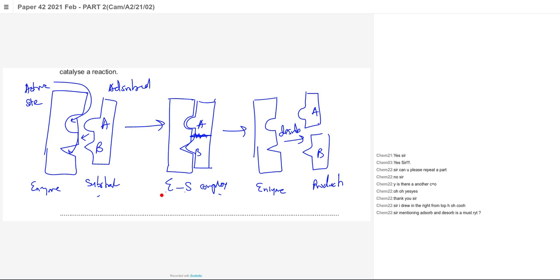And the product molecules get desorbed. Desorb meaning leaving the catalyst.